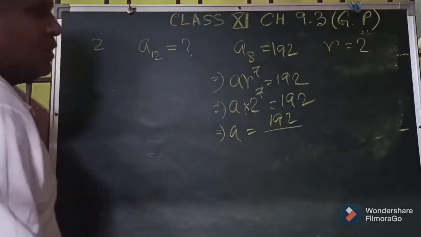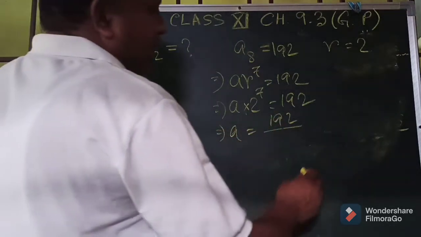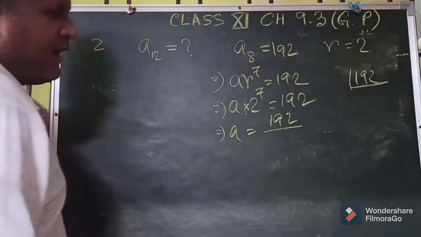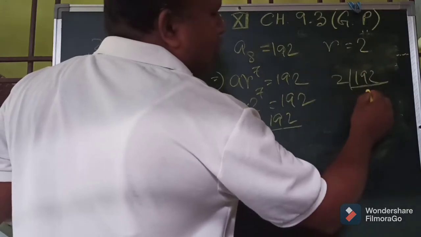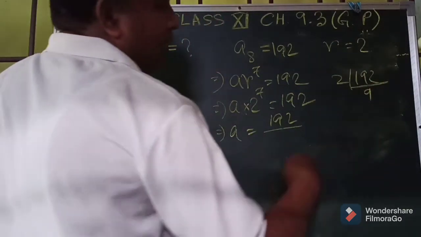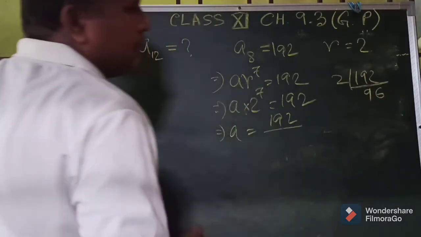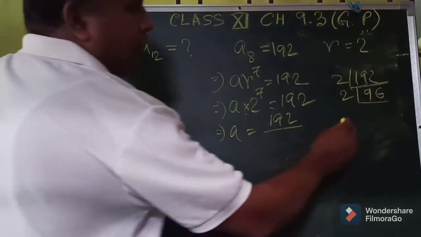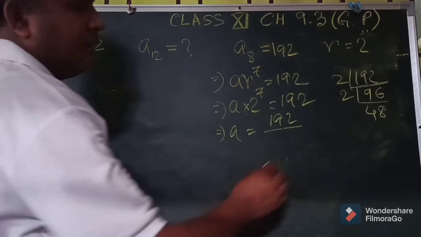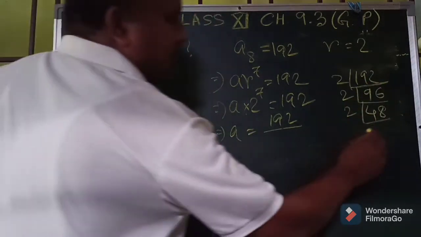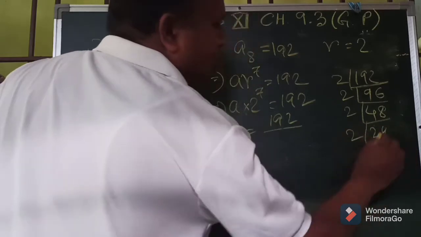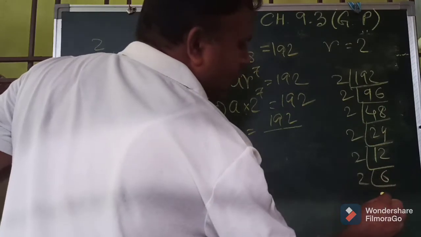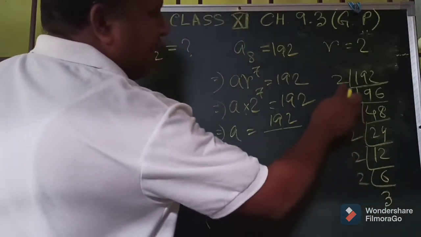192 by 2 to the power 7. What is 192? If you just factorize 192, what you will get: 2 into 96, 2 into 48, 2 into 24, 2 into 12, 2 into 6, 2 into 3.